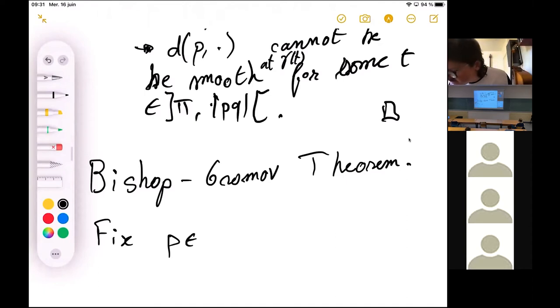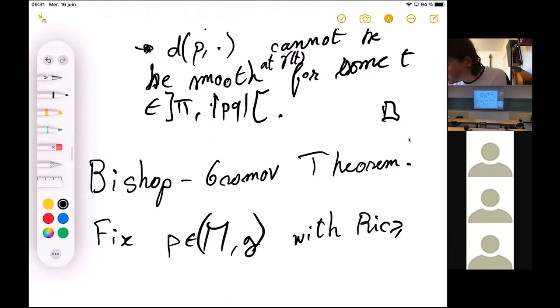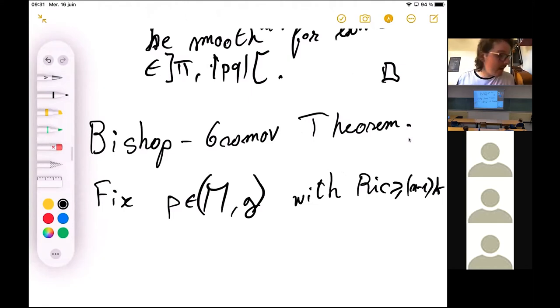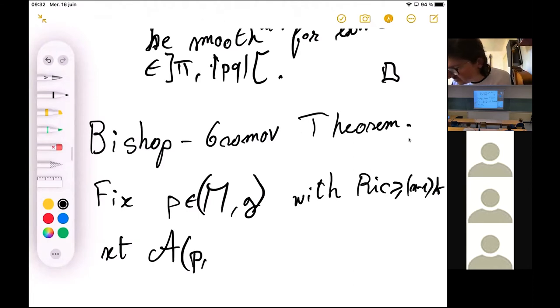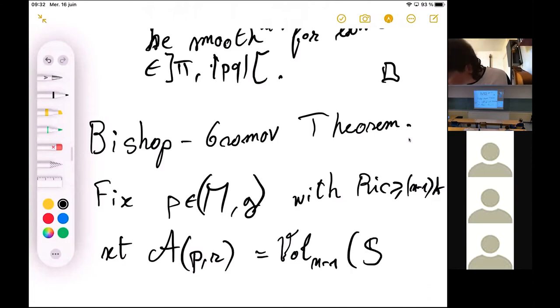Okay. So fix p in M, M a Riemannian manifold with a metric g with Ricci greater than n minus 1 k, okay? And also set A_p(r) to be the n minus 1 dimensional volume of the sphere with respect to the metric g centered at p and of radius r.